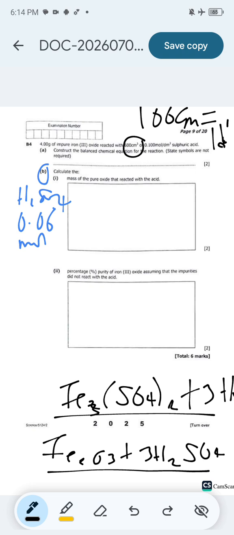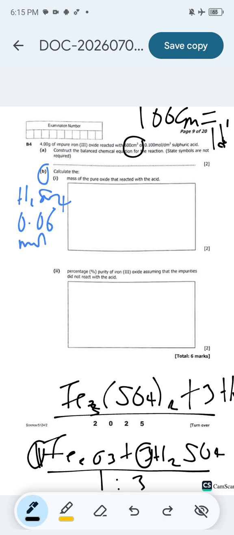When you look at the mole ratio, for iron oxide we have a mole ratio of 1. When we are trying to get the mole ratio, we just look at the coefficient of that particular reactant. The coefficient here is 1, and the coefficient for sulfuric acid is 3. So this is basically 1, 2, 3.